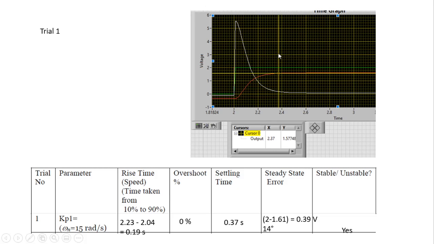I used the cursor legend tool. The 10% is the 10% of the total range. I looked for where that is, somewhere here, and looked at the time. That was about 2.04 seconds. So anyway, rise time was about 0.19 seconds.